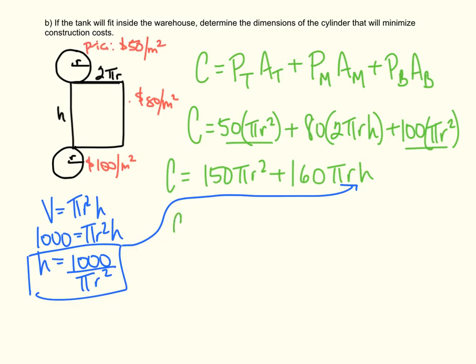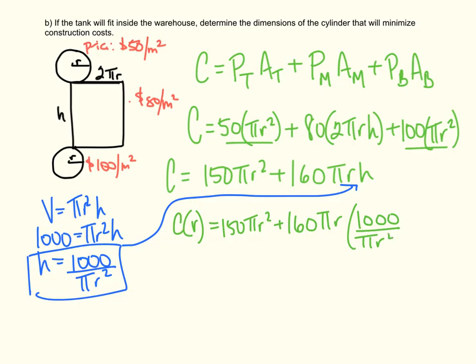So now we can solve for C of r, so C in terms of r, and just sub that in. 160 pi r, so it's going to be 1,000 over pi r squared.